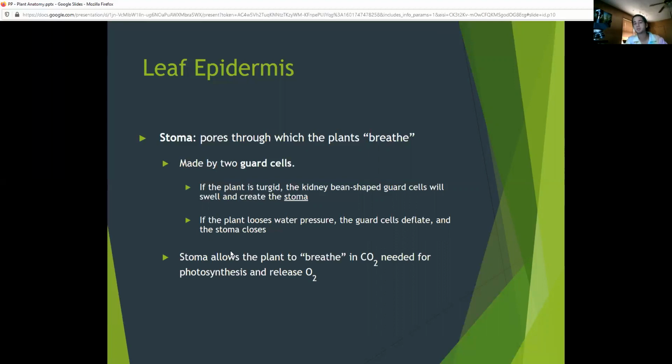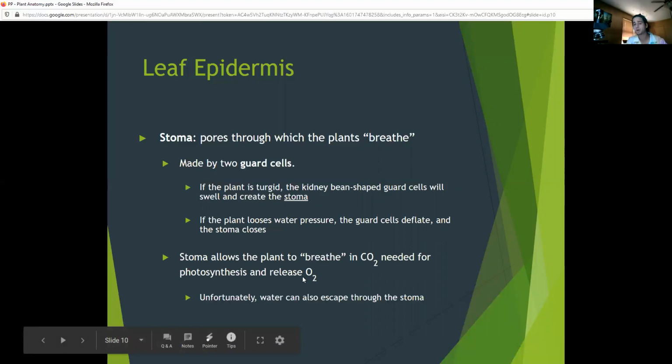Stoma allows the plant to breathe in CO2 needed for photosynthesis and allows it to release oxygen. Water can also escape through the stoma.